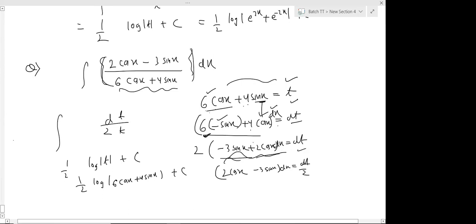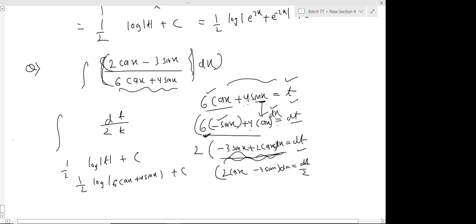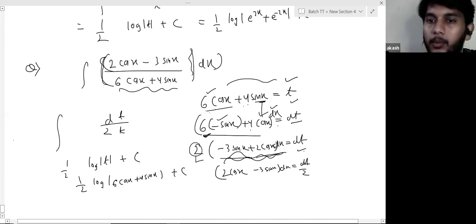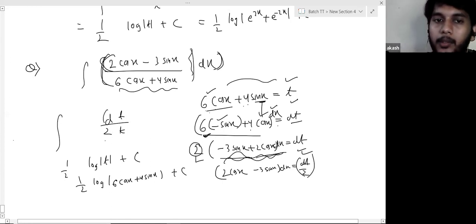Now this whole term is the whole numerator we have, right? So this 2 we can throw to this side. So we can say the whole numerator we can replace by dt by 2, right? So dt by 2 is the whole numerator, and this denominator we have assumed as t, so divided by t.